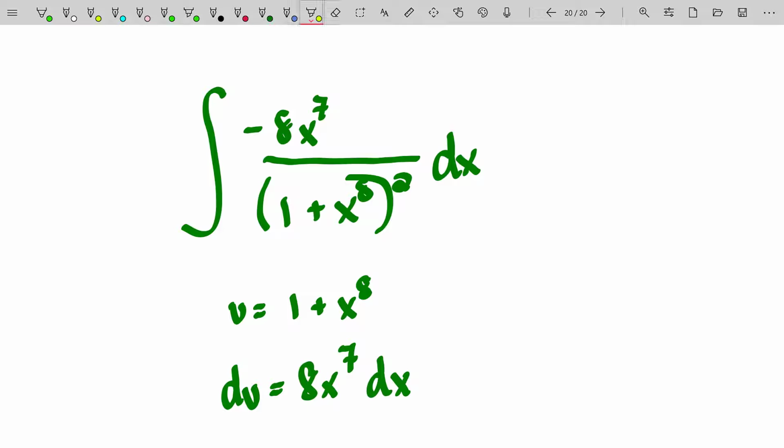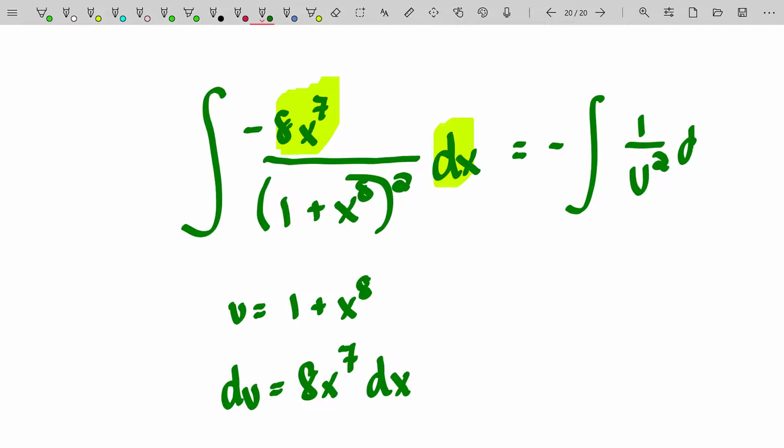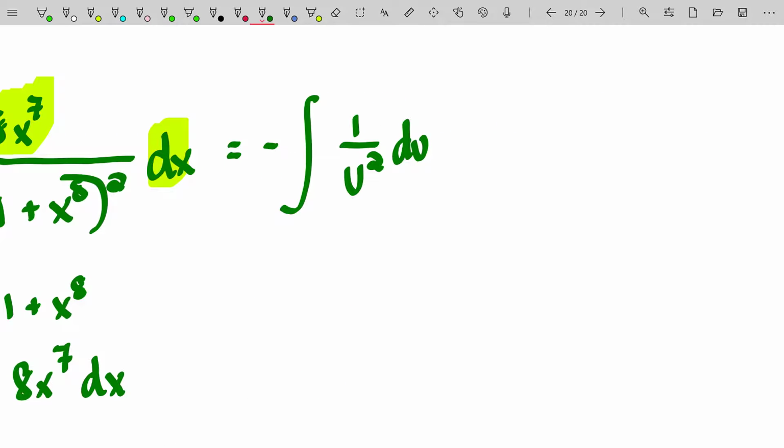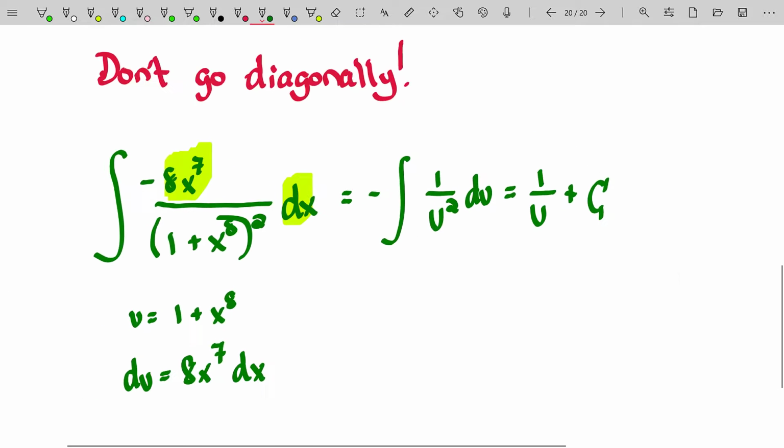Well, great. I have an 8x to the 7th dx to steal away. So this is going to be the negative integral of 1 over u squared du. And the antiderivative of 1 over u squared is negative 1 over u. So this is going to be a negative negative, or basically just a 1 over u plus some constant of integration. Remember what u was?